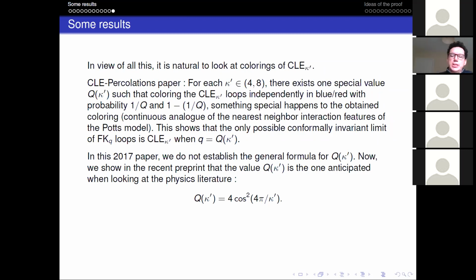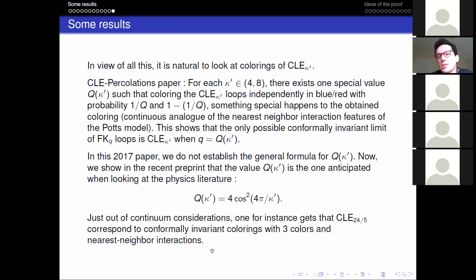Right, so we see that out of just conformal loop ensemble configurations, which are these continuous families of loops defined in the model, you get, for instance, the fact that when kappa prime is 24 over 5, this corresponds to some sort of notion of conformal invariant colorings with 3 colors in nearest neighbor interaction. So that would be the one supposedly related to the Potts model with 3 states.